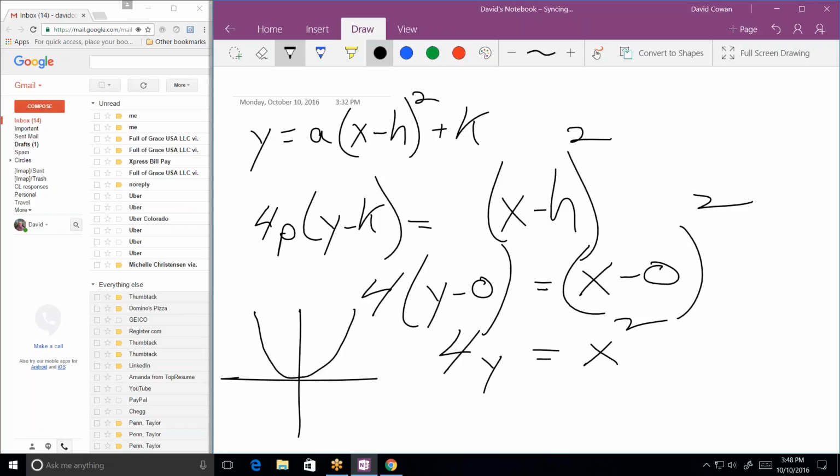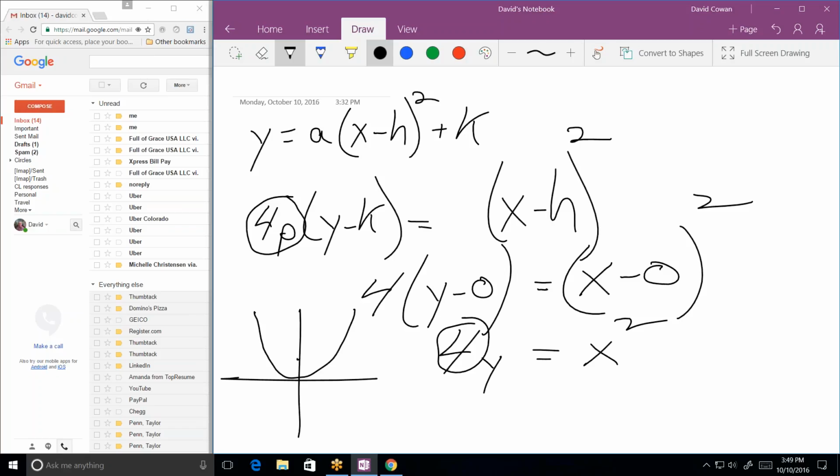If 4P equals 4, in other words, the coefficient of that y term, whatever it is, P must be that coefficient divided by 4. So P would be 1 in this case.